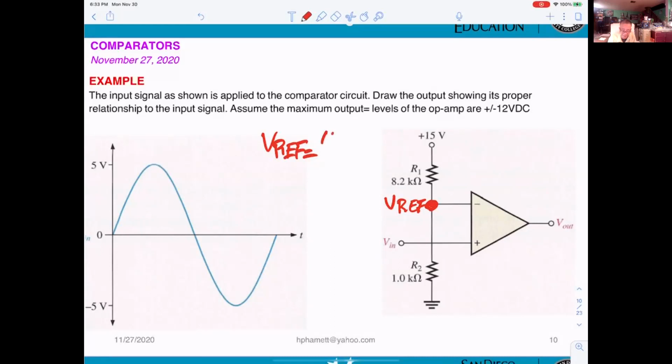Vref equals 15 times 1,000 divided by 8.2 plus 1. So what do you get? 1.63 volts. Okay, you get 1.63.